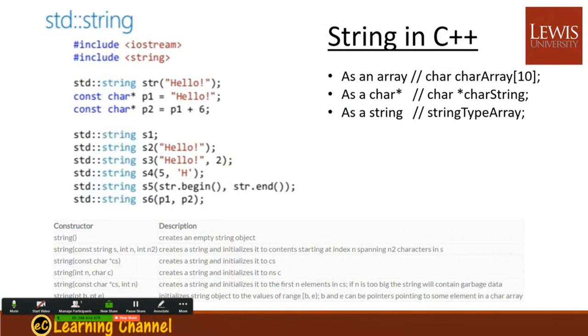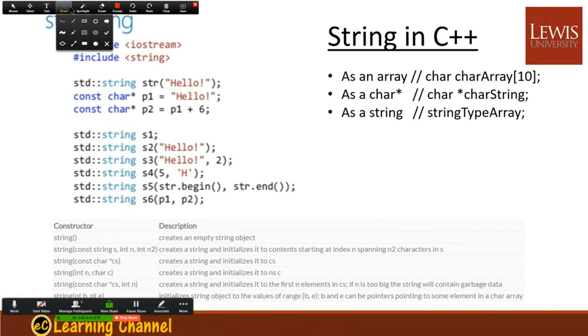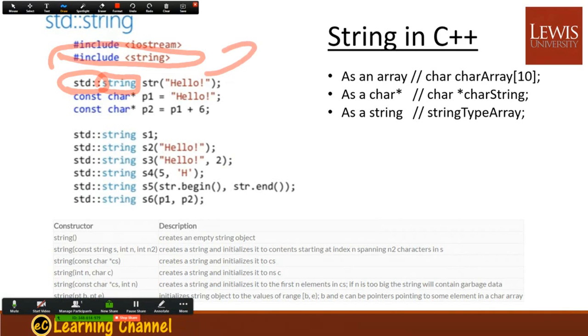Here, for C++, it is already treated as an object. Basically, you need to include the string class, and if you don't use the namespace std, you need to declare a string like this. This is a constructor, and that is the name of the string. It's not a pointer, it's a reference.